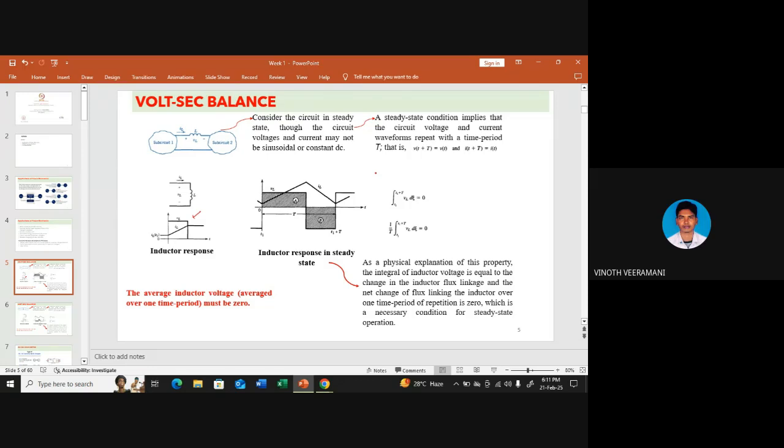Whenever we do DC-DC converter analysis, we always have to apply volt-second balance. The fundamental idea is that the voltage across the inductor during on time plus the voltage across the inductor during off time equals zero.